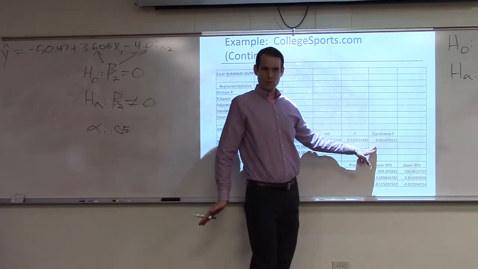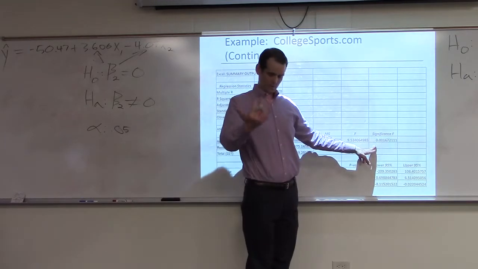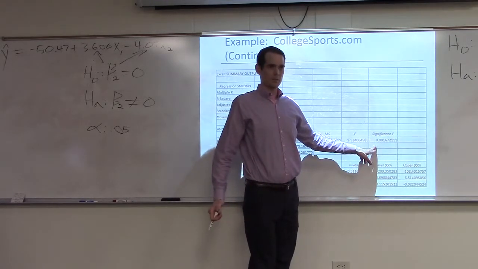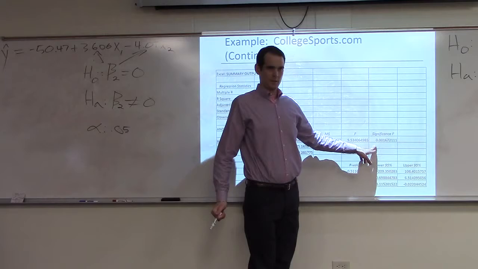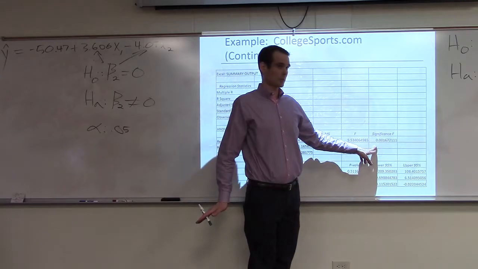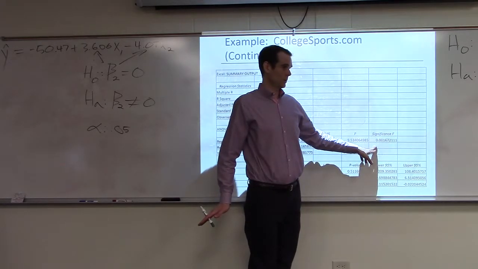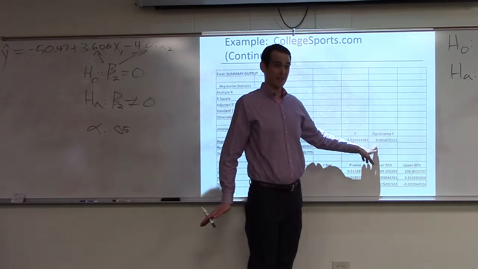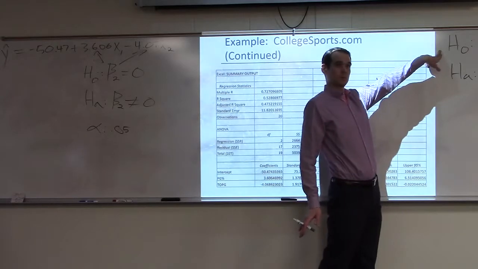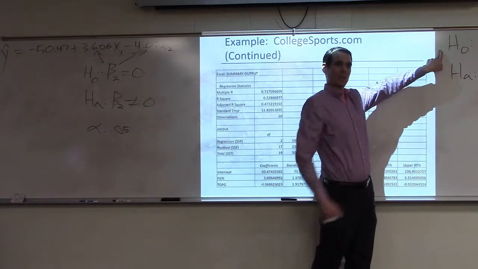Okay, so then I would reject at a 5% significance level because it's below 5%. You reject what? The first hypothesis, which says what? It said none of them are significant.